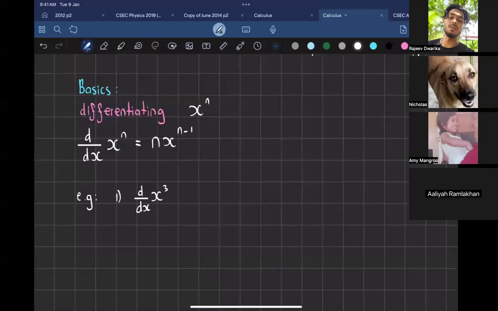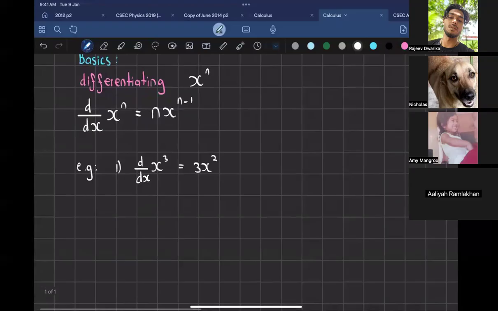How will we do that? As per the formula, n would be 3. So you take any power, you multiply by it, and then you minus 1 from the power. So you multiply by 3, so it'd be 3x to the power 2. That's correct. Let's try another example.